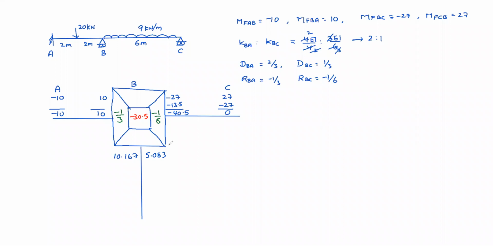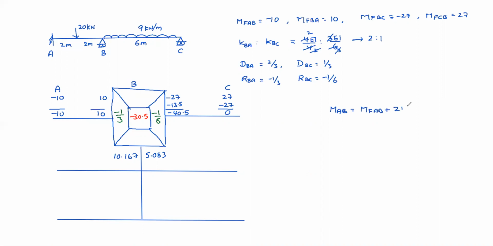That's final. Okay. So finally, final moments are okay. See at A you can calculate. So at A fixed moment is minus 10. That means MAB equal to MFAB plus 2 times of M dash AB plus M dash BA.